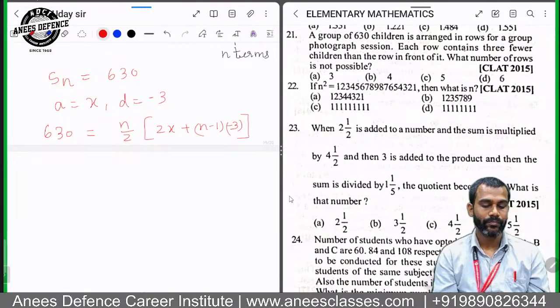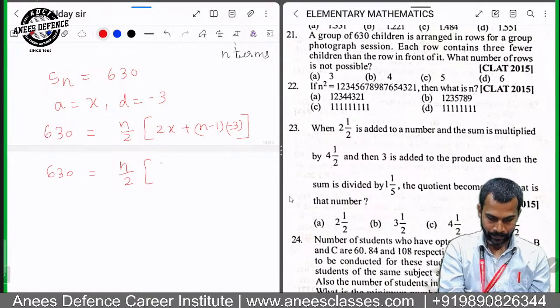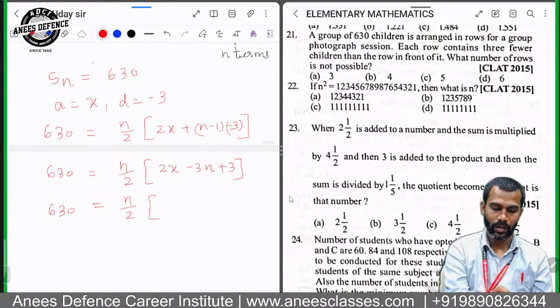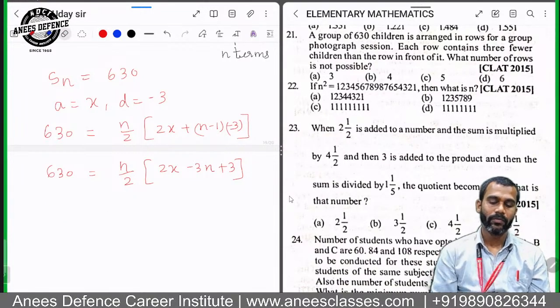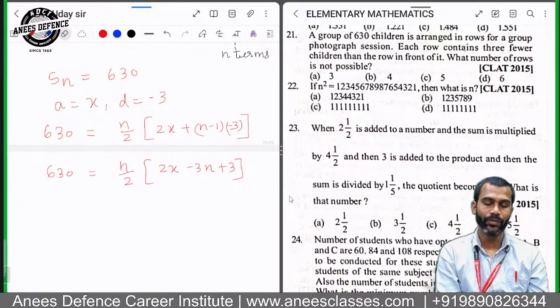So 630 is equal to n by 2 into 2x minus 3n plus 3. I cannot solve it this way. Please try. Go with the options.